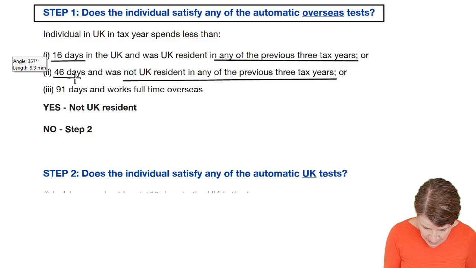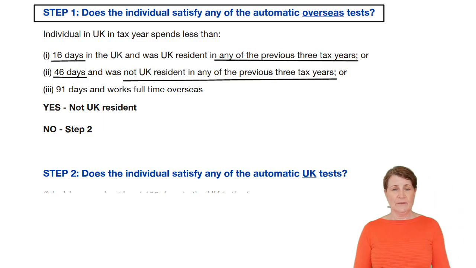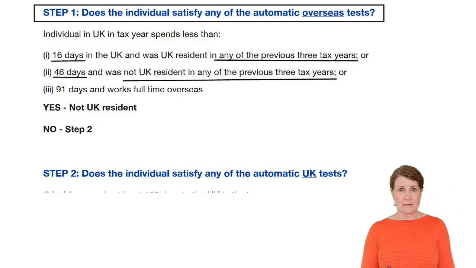We let you spend no more than 45 days. As soon as you get to 46 or more, you've failed this test. So you've not been resident in the UK for any of the 3 previous tax years, you only spend 40 days in the UK for this tax year, you would automatically pass this test and you would be overseas resident for that tax year.